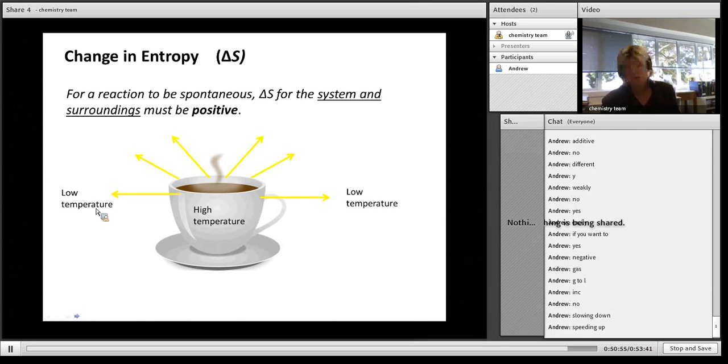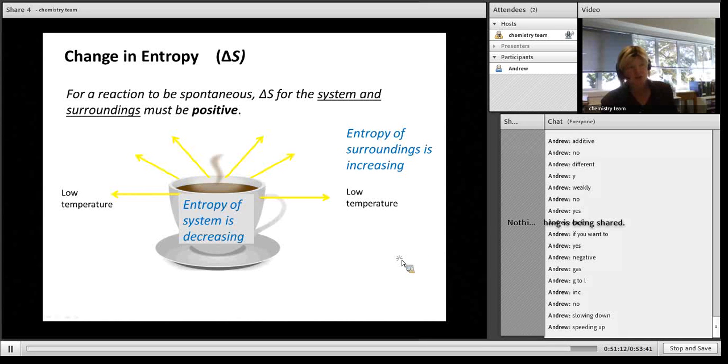But overall, the change in the surroundings is bigger because you know that your coffee will cool down. So the entropy of the surroundings is increasing, entropy of the system is decreasing, but overall that's bigger, so overall I have a positive entropy change, so your coffee will cool down.